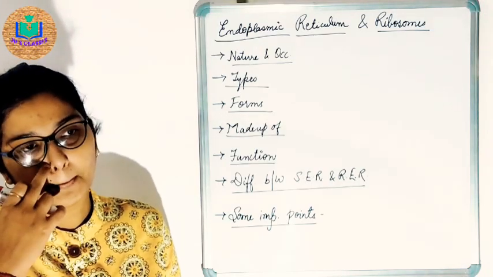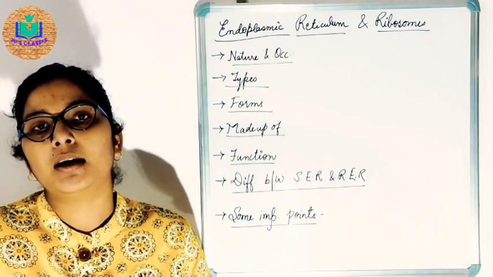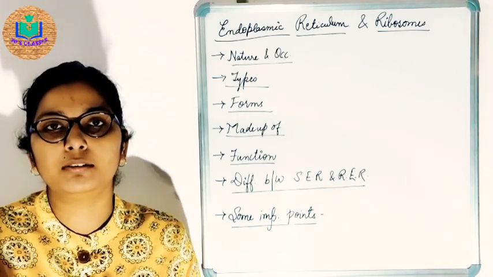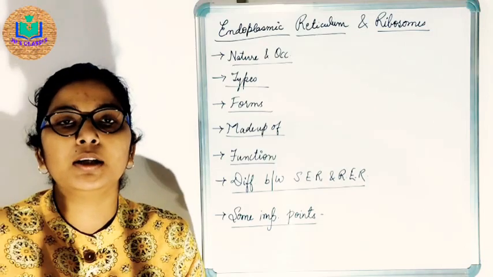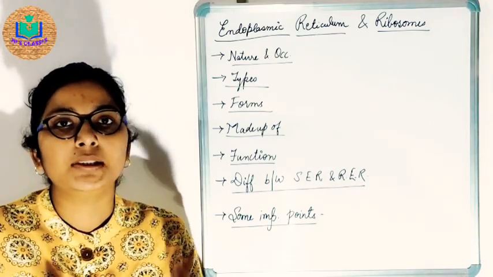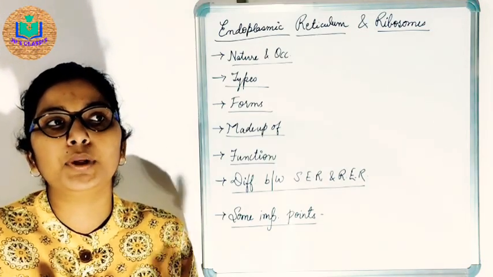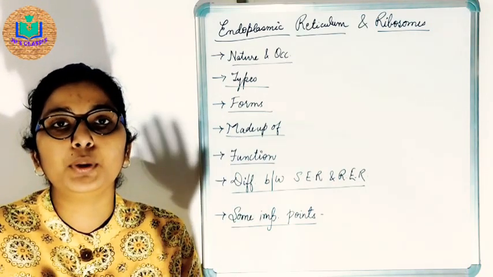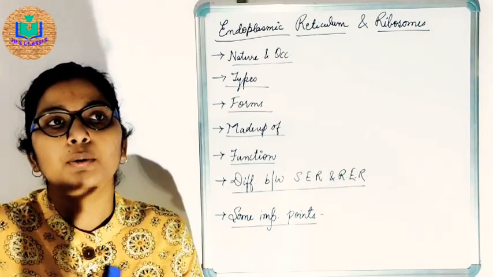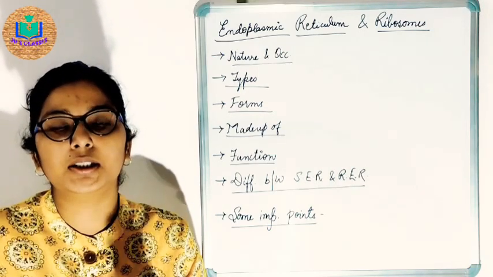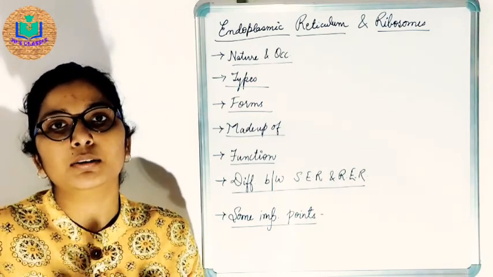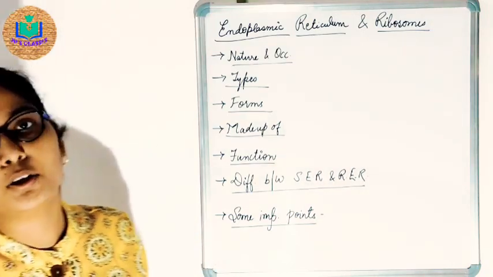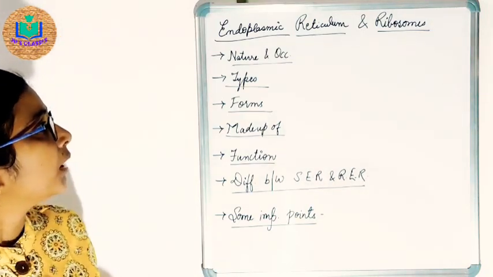So one major thing: please go through all the videos which I have made one by one, because it will clear your basics, and that means what is cell, its type, theory, and the major parts of the cell, nucleus, chromosomes. Chromosome and nucleus are both covered in their own separate videos. So please go through that. And now let's start today's video about the endoplasmic reticulum and ribosome.